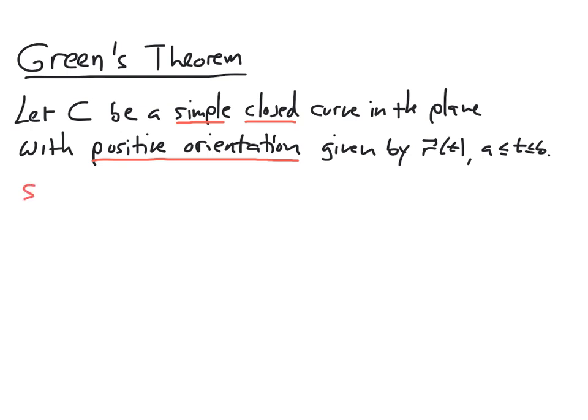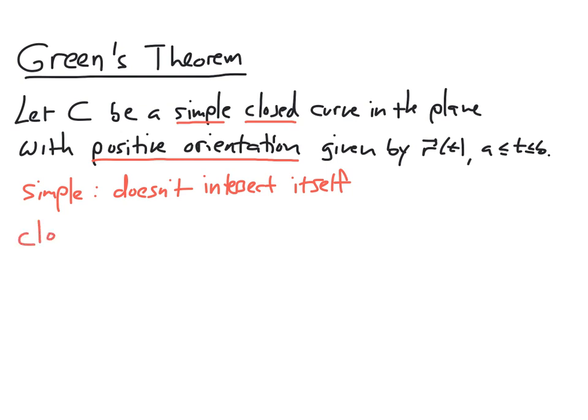Simple, in the context that we're talking, simply means the curve doesn't intersect itself. For example, we would not have a curve that's shaped like a figure 8, because the figure 8 would cross itself at that point in the middle of the curve.